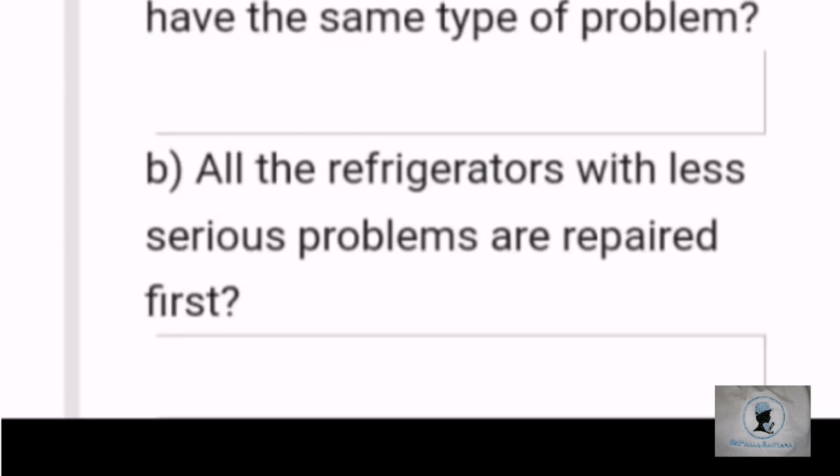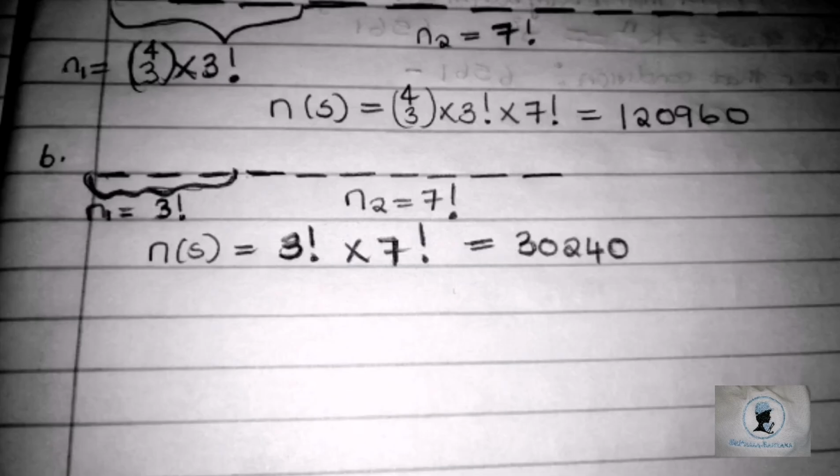And B says all the refrigerators with less serious problems are repaired first. So the question was saying that all the refrigerators that have less serious problems be repaired first. So we want those refrigerators to be the first ones to be repaired.